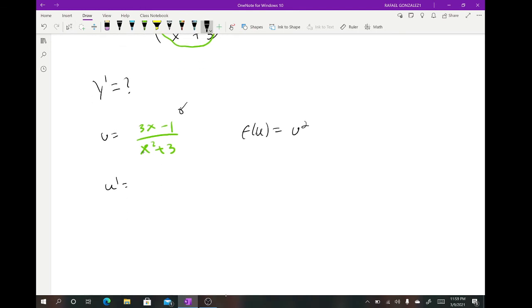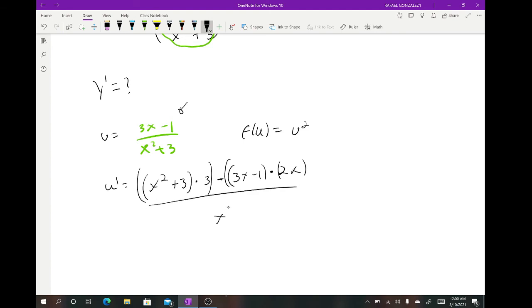So the derivative of u is going to be the bottom, x squared plus 3, times the derivative of the top, which is simply 3, minus the top, which is 3x minus 1, times the derivative of the bottom, which is 2x, divided by the bottom squared, which is x squared plus 3 squared.